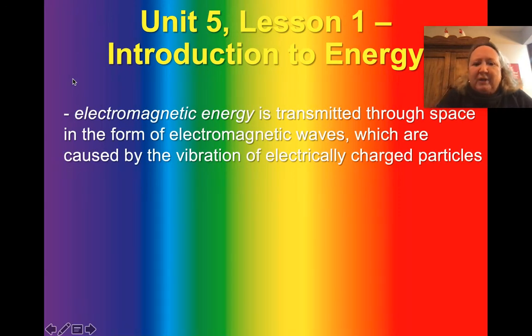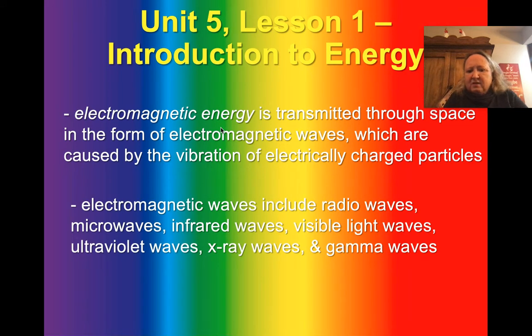Next, something else we did this fall, electromagnetic. That's basically light. Well, it's the whole electromagnetic spectrum, but light is included in that. Electromagnetic energy is transmitted, a nice science word, it flows through space in the form of electromagnetic waves, which are caused by the vibration of electrically charged particles.